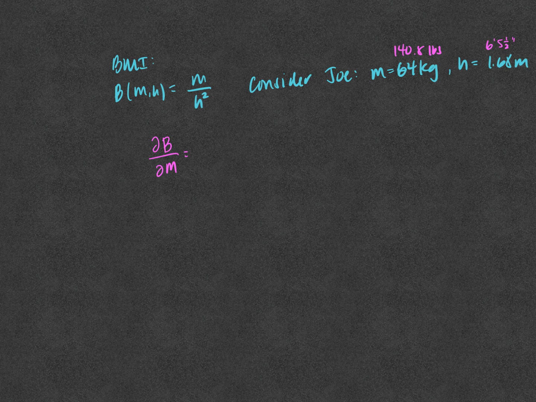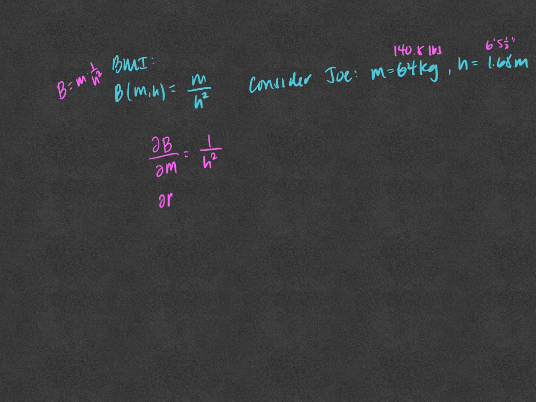So when we find the partial derivative of our BMI with respect to m, we can think of b as m times 1 over h squared. So the derivative of that with respect to m is 1, so we just have 1 over h squared. So what happens is we're keeping the height consistent and looking at what happens if his weight changes.